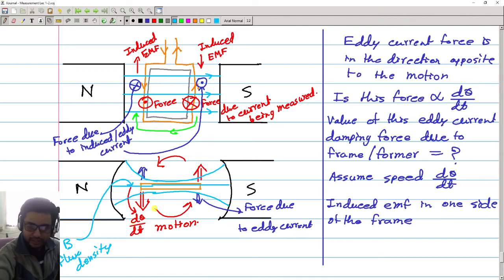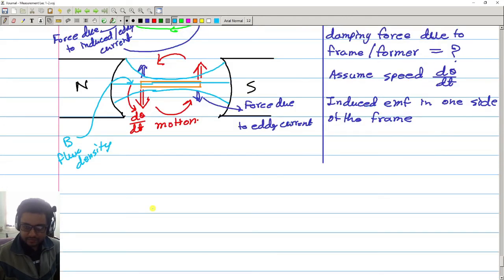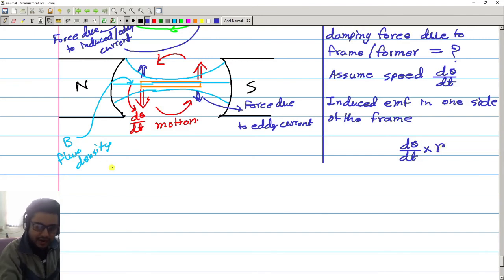Let me do that. Speed is d theta dt, the angular speed. Now if I multiply this with r, the radius of the coil, that is from here to here, that gives me the linear speed, how much it moves per unit time.